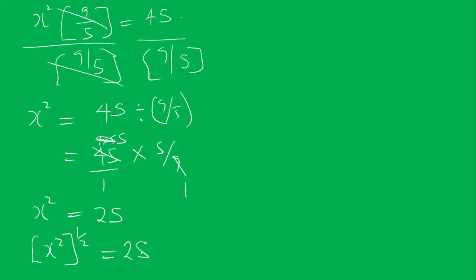You have 25 multiplied by half. So now you have x, because this 2 will cancel out this. You have x is equal to plus or minus 5.